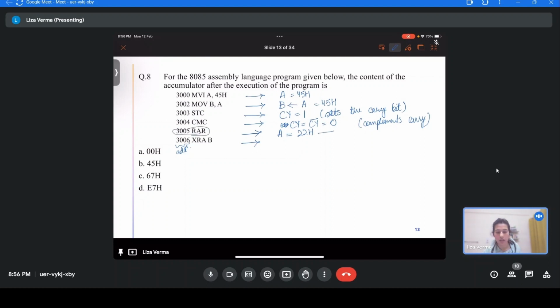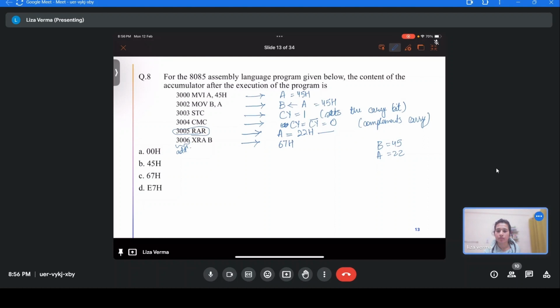Now XRA B means XOR the contents of B with the contents of the accumulator. B right now is 45H and A is 22H. After the XOR operation, we get 67H.